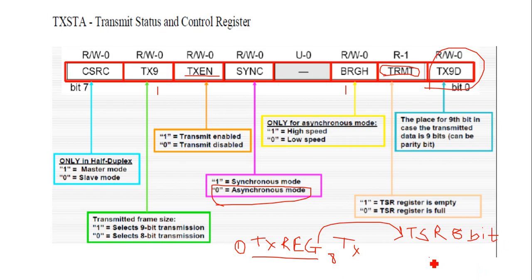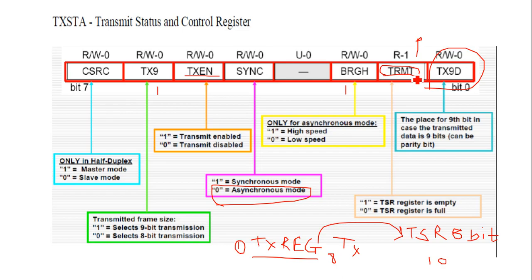So you are going to send 10-bit data. When the stop bit, the last bit, is on the TX pin, that time it indicates that the TSR is empty. The TSR being empty is indicated by raising this TRMT flag.